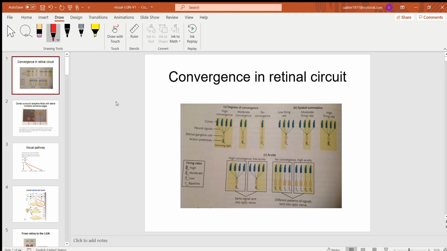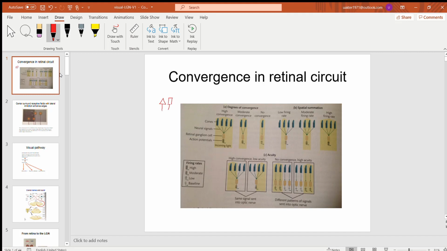So from my last lecture, you must remember that there are three layers of cells in the retina: the photoreceptors, rods and cones, right? That is one layer.